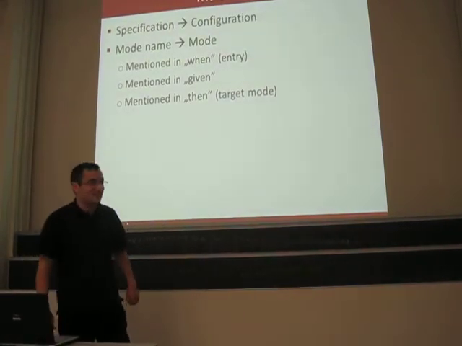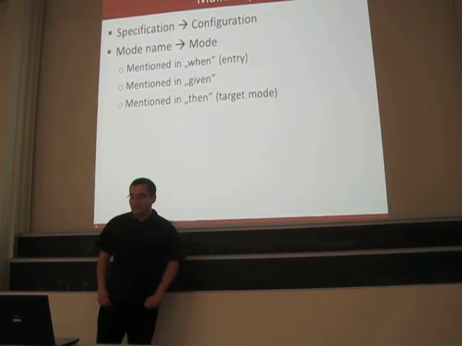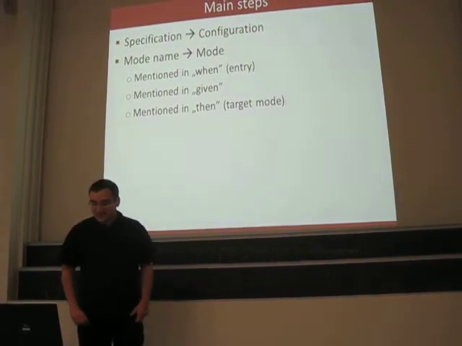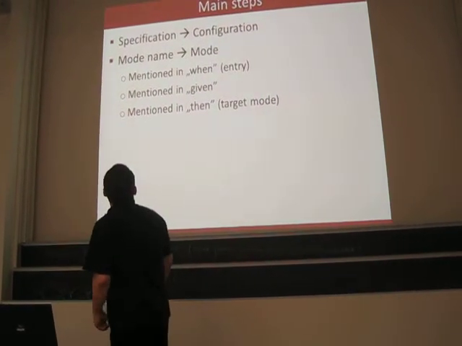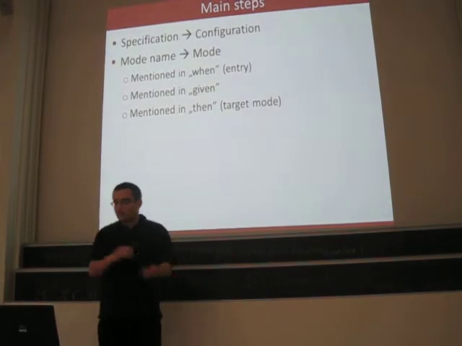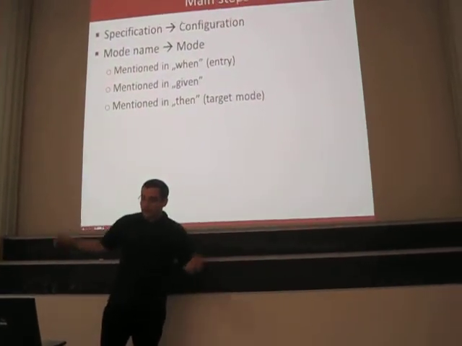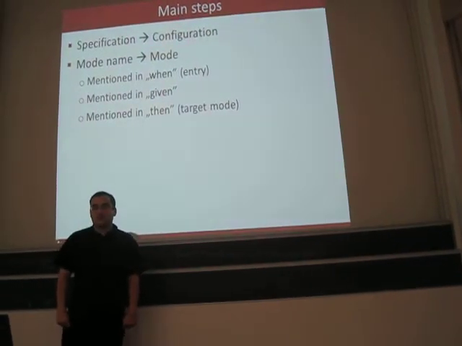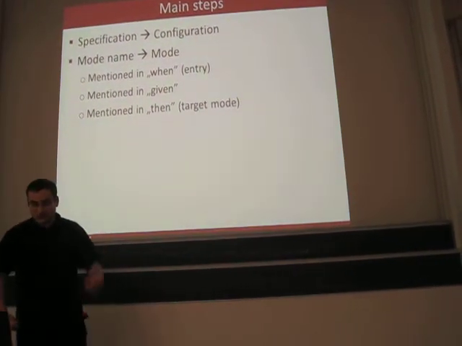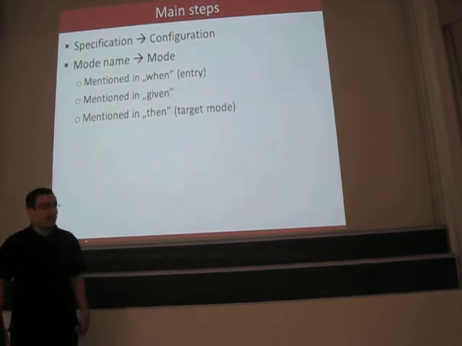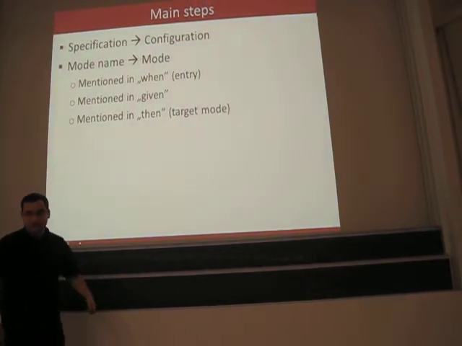Okay, so then I decided to try to solve the problem instead, and that was a bad decision. Of course, the first rule is to convert a specification to a configuration node, and I started hunting for modes where they are mentioned. Some modes are mentioned in a when clause as the entry of the mode.